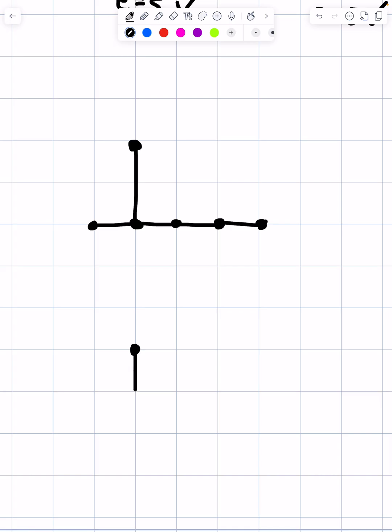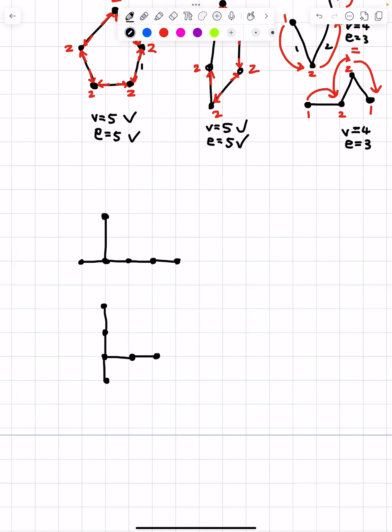And then I will draw this. Now, you can pause this and try to find if they're the same.